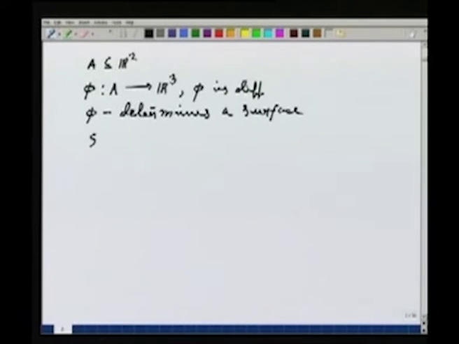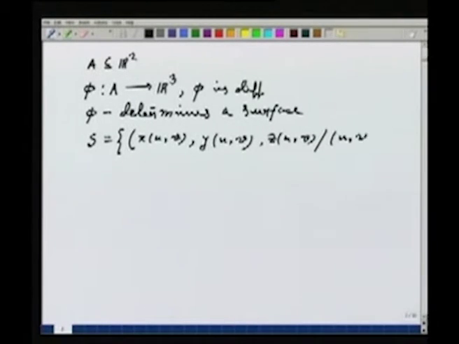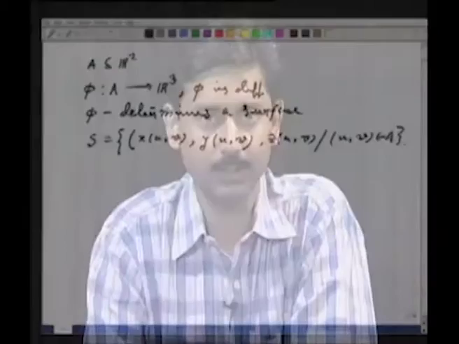And it is given by S. What is the set? The set is (x(u, v), y(u, v), z(u, v)), where (u, v) belongs to A. Okay. So it essentially means that on surfaces you have 2 degrees of freedom, u and v, when for curves there is only 1 degree of freedom, that is t. And what do I mean by x, y and z?